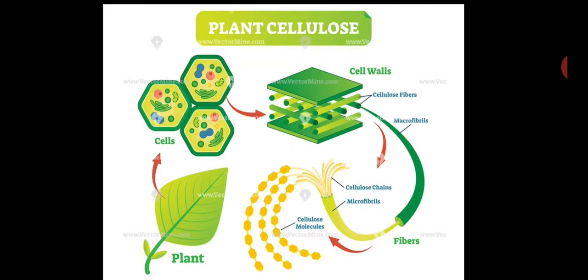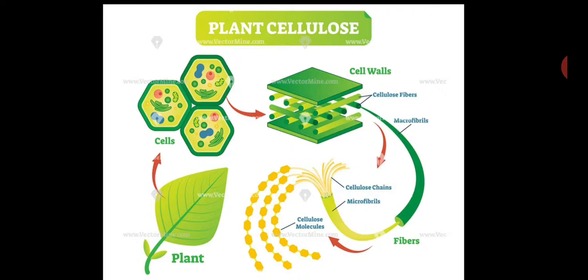The primary components are cellulose, hemicellulose and pectin, and the remaining ones depend on the cell type and cell function. Some lignin, suberin or chitin may also participate in the formation of cell walls.